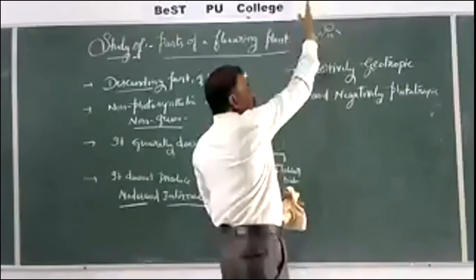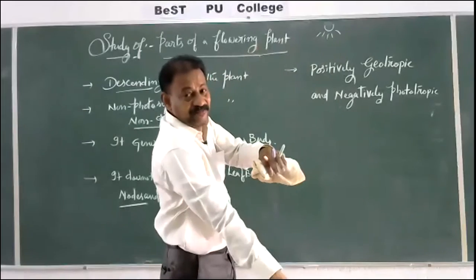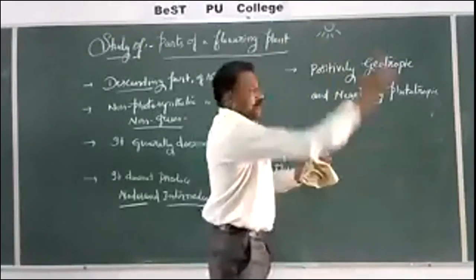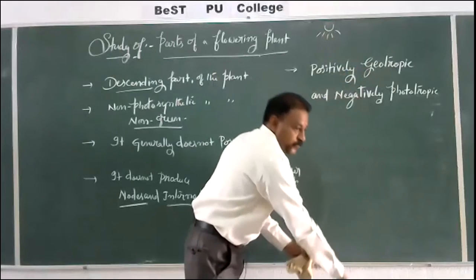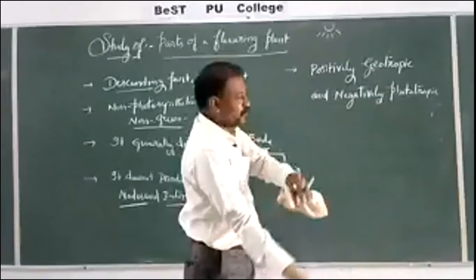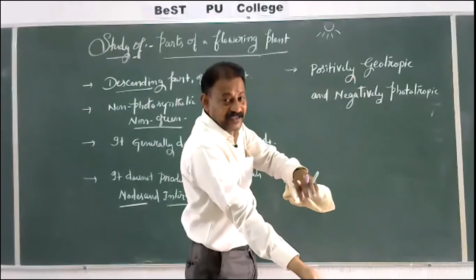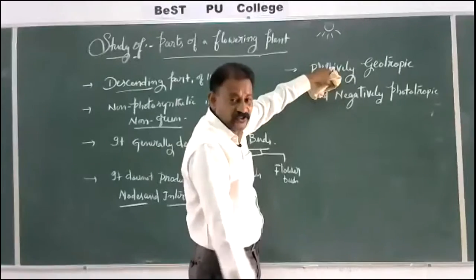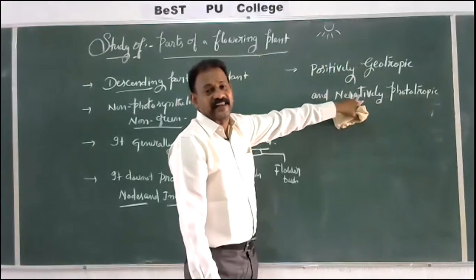Root is not going towards the sunlight. It is going away from the sunlight. So it is called negatively phototropic. Positively geotropic, negatively phototropic. Both are giving the same meaning, but the terms and definitions are different. Geotropic means towards the soil, away from the sunlight.